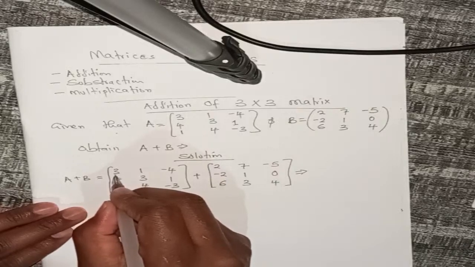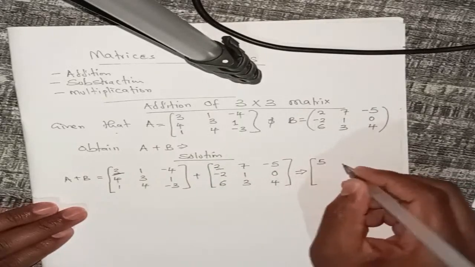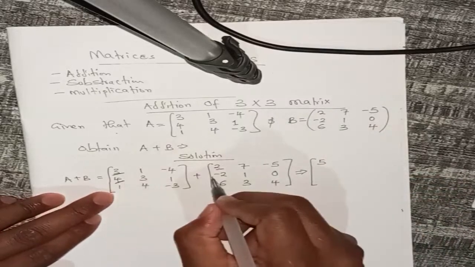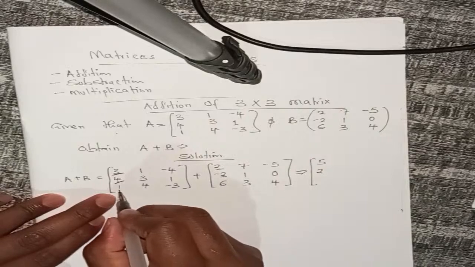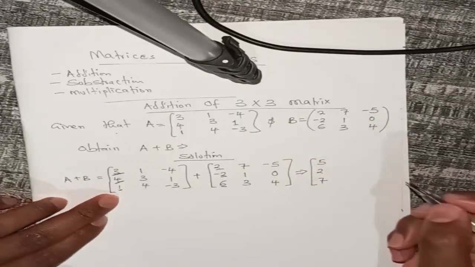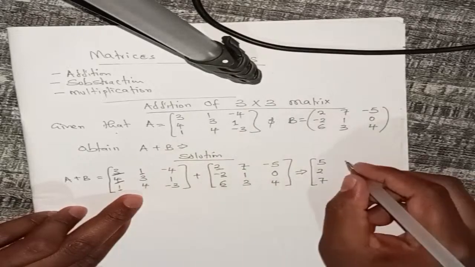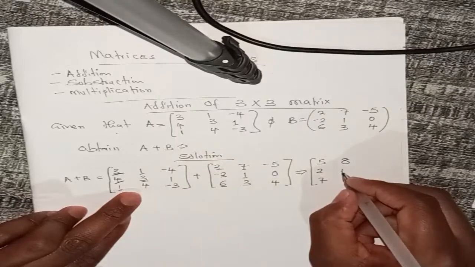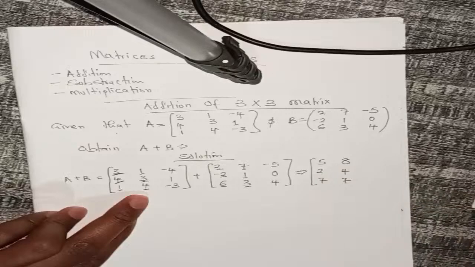This simply implies that we take this 3 and add to this 2, we get 5. We take 4 plus minus 2, which gives us 2. We take 1 plus 6 to get 7. Then in the next column, 1 plus 7 is 8, 3 plus 1 is 4, 4 plus 3 is 7.